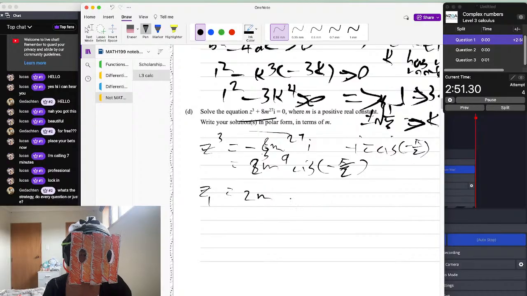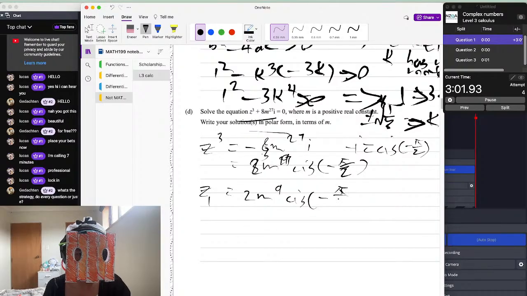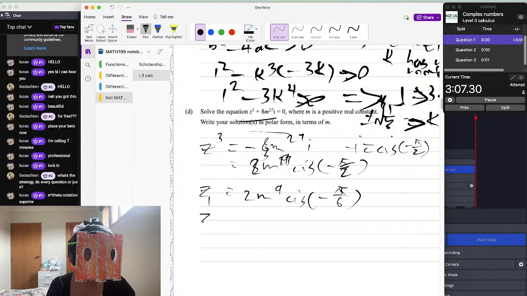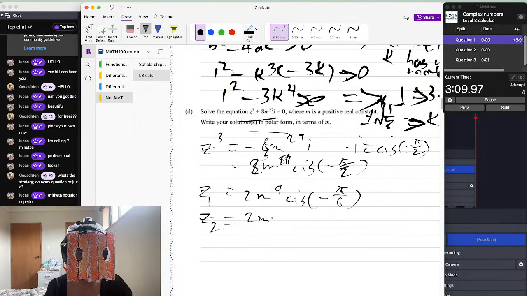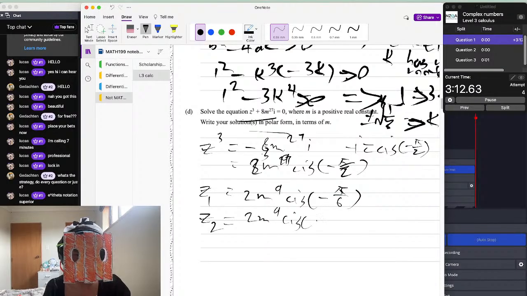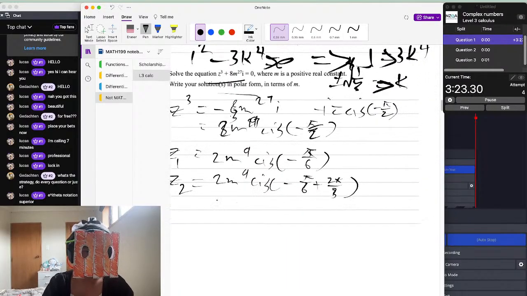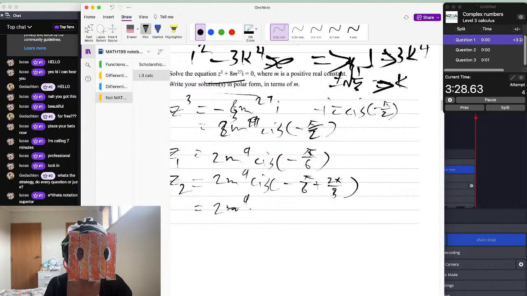First z value, so that's 3 cis minus pi over 6, and the second one will be somewhere like 2 pi over 3. Oh, sorry about not using the same theta. Gotta match it with the standard, isn't it?